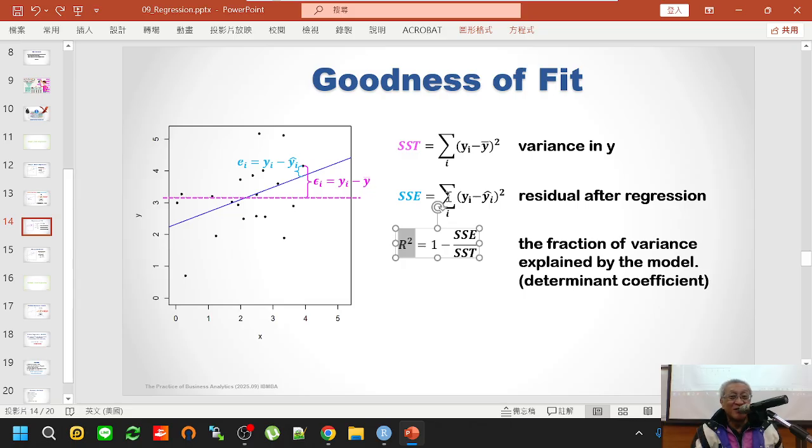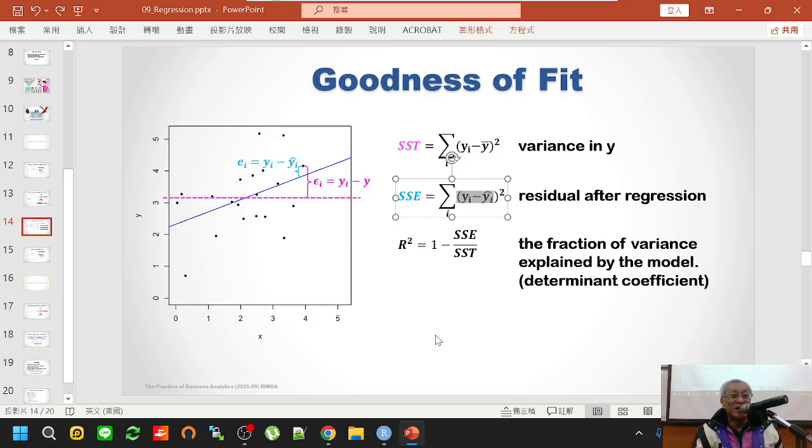Because the residual will be very small, and the R squared would be very close to 1. And if the R squared is close to 0, it means that the model is not so good. It only explains a small portion of the variance of y itself.